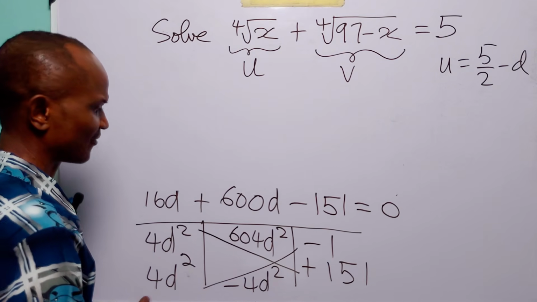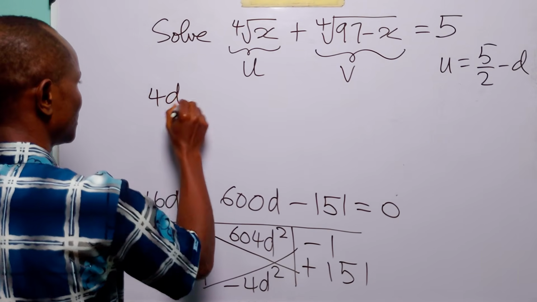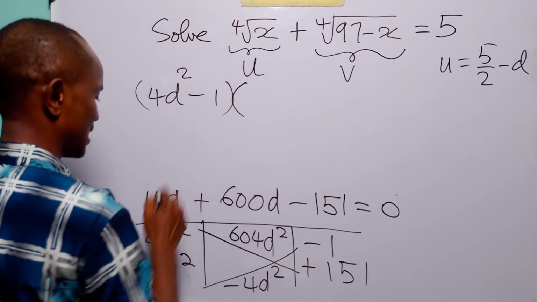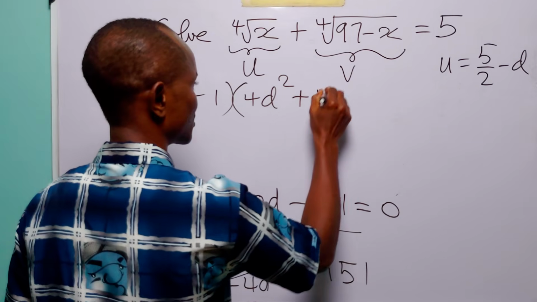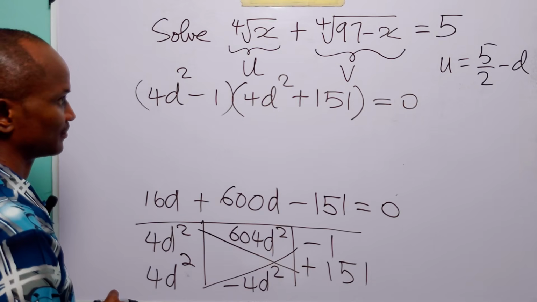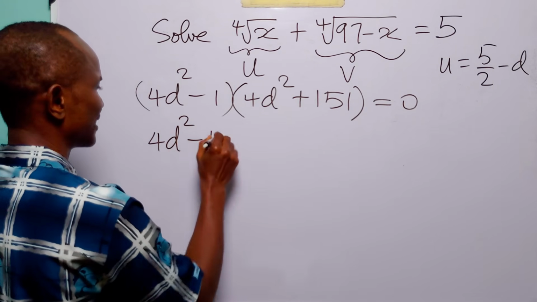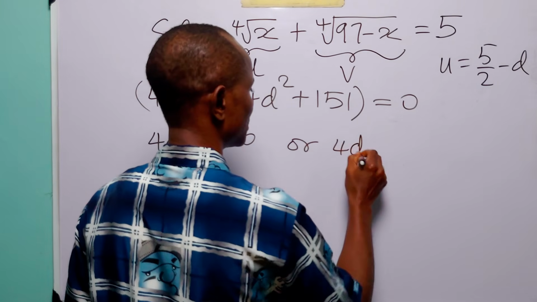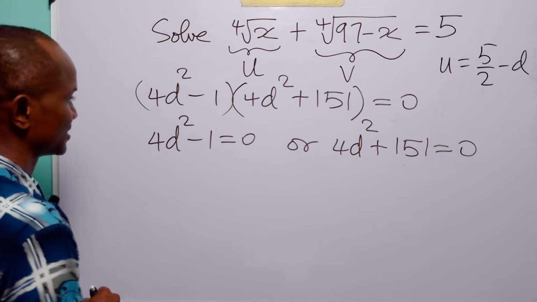So this tells us that the factors of this equation are 4d squared minus 1 and 4d squared plus 151. And of course, this is equal to 0. From here we have that either 4d squared minus 1 is equal to 0, or 4d squared plus 151 is equal to 0.